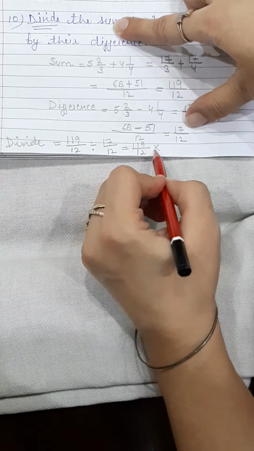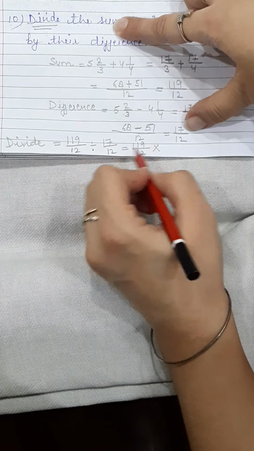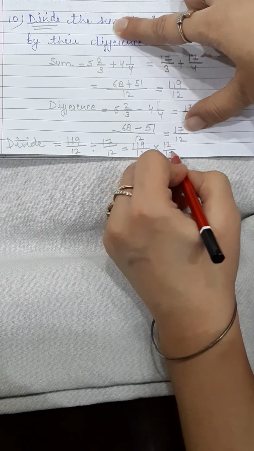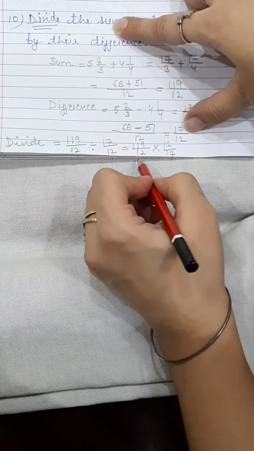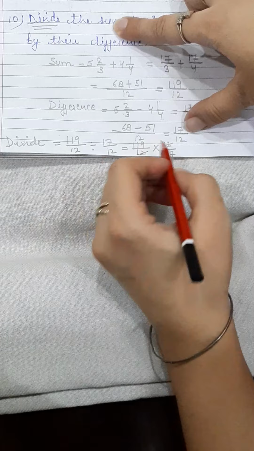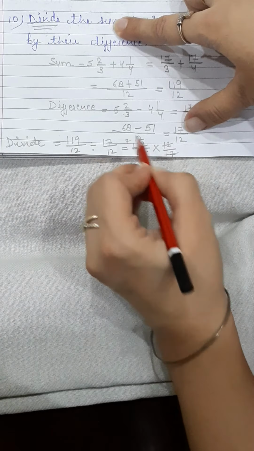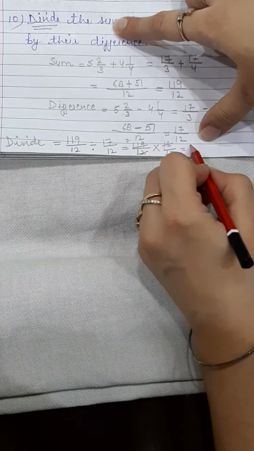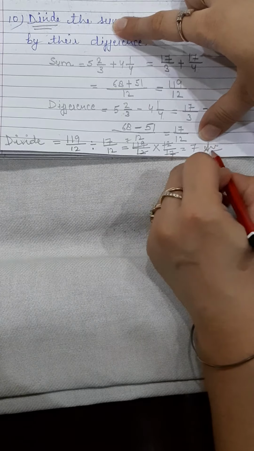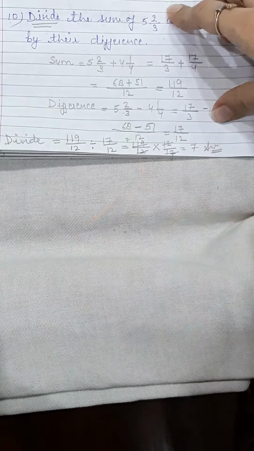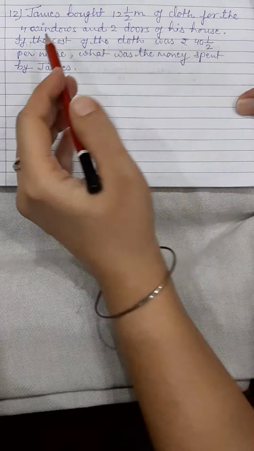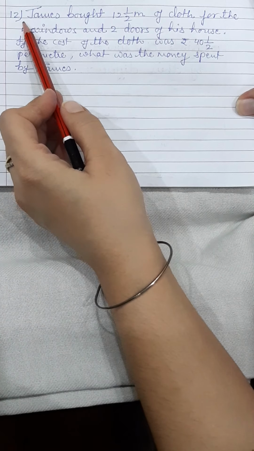Convert this division sign into multiplication. Then 17 by 12 you will write as 12 by 17. Right? 12 ones are 12, 12 ones are 12, cancel. 17 sevens are 119. So 7 will be the only answer. Right? Now the next numerical I am doing, that is the 12th numerical.